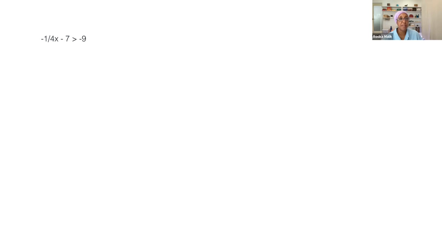Only one variable in there, so that means just a single number line. So -1/4 x minus 7 greater than -9.